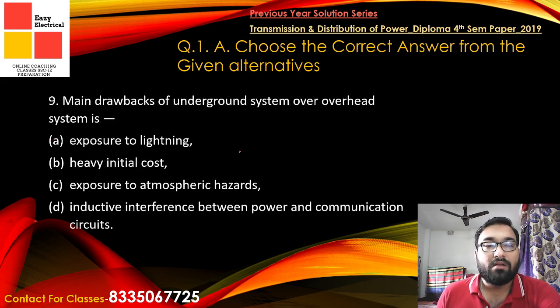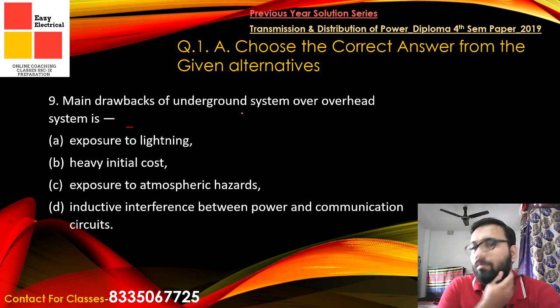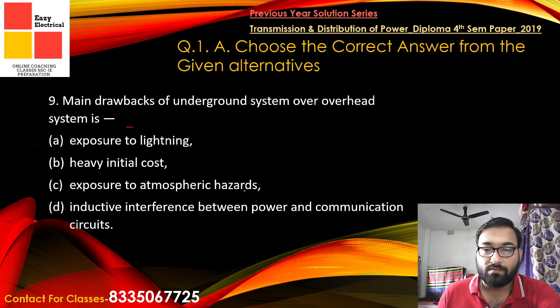Now coming to the ninth question. The ninth question says that the main drawback of the underground system over the overhead system is what? We generally know that underground systems are more suitable than the overhead system, but there are some problems we face nowadays. One is exposure to lightning, then heavy initial cost, exposure to atmospheric hazards.